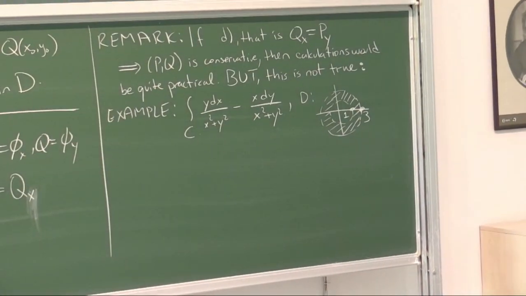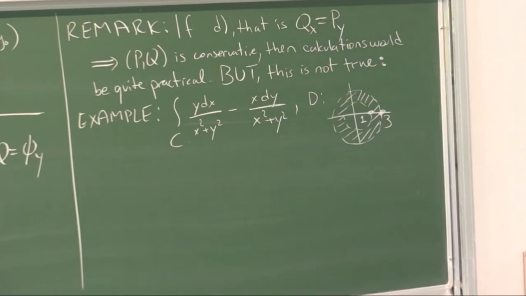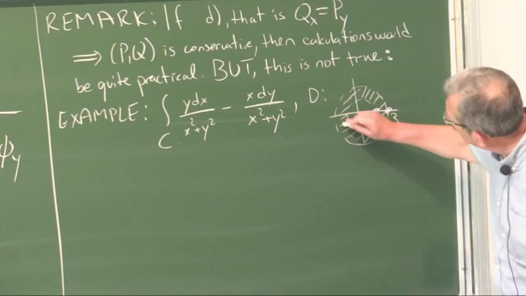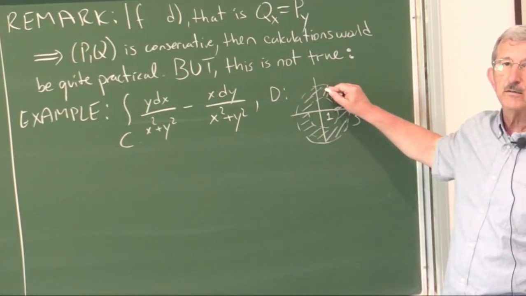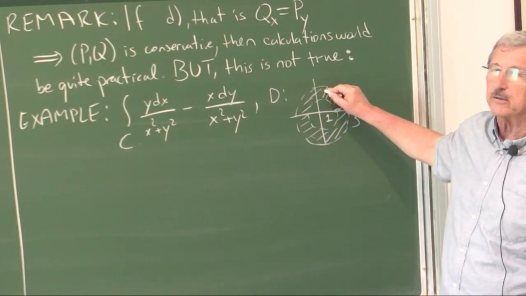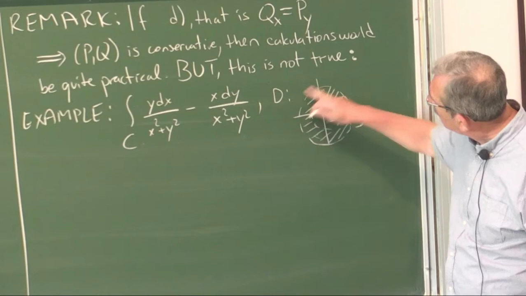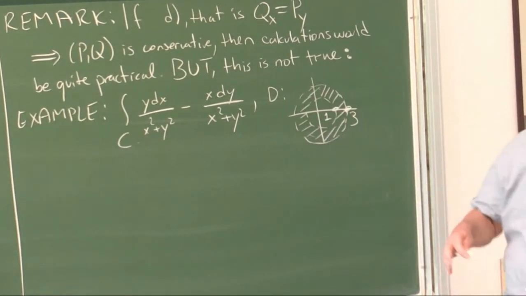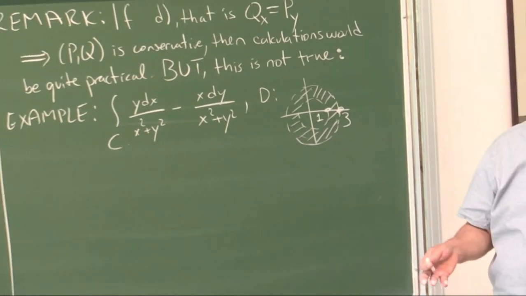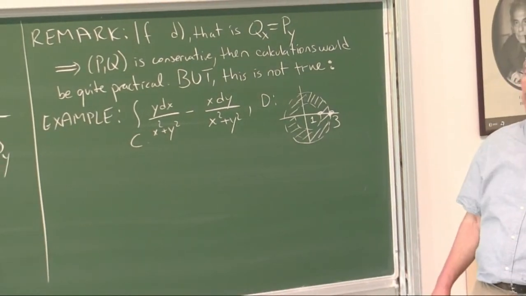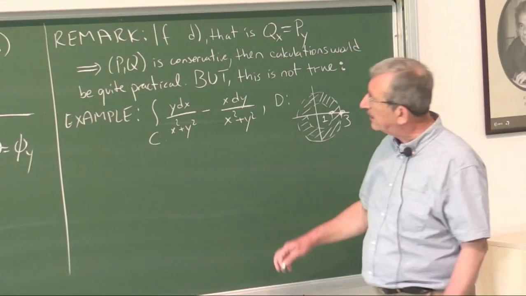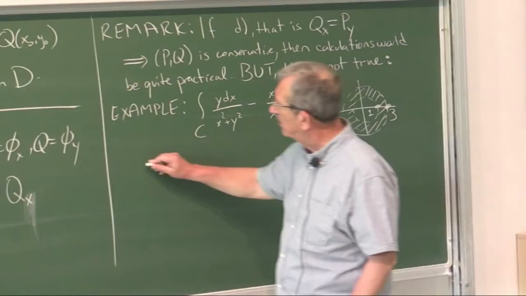Now this D satisfies the conditions, namely any 2 points in D can be connected by an arc. This is true, so it's connected. It's open because the boundaries, the inside and the outside circles, are not included. That's also fine.